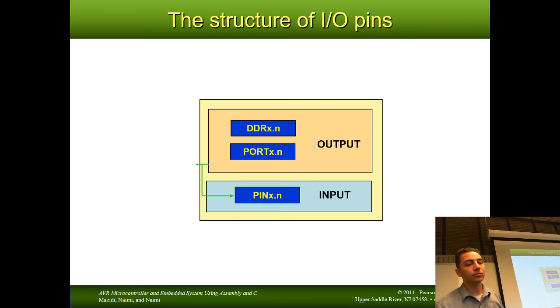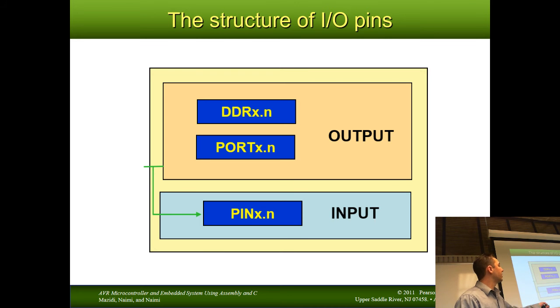Now, overall, there's a lot of hardware going on inside of this chip. Each port pin has the following setup. They've got these 2 registers that deal with the output. They've got a register that deals with the input. Now, the physical connections to the outside world go to both. They go to both the output section and the input section at the same time.